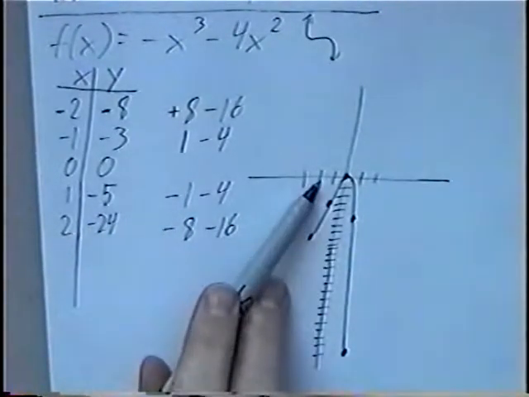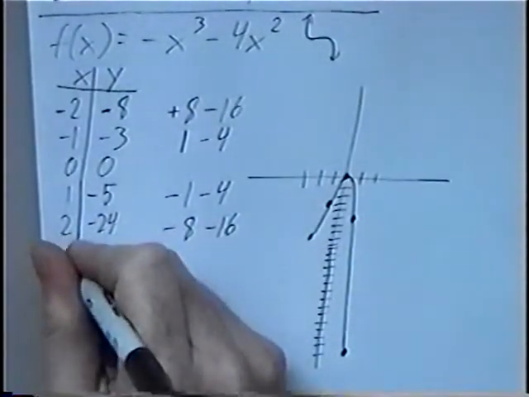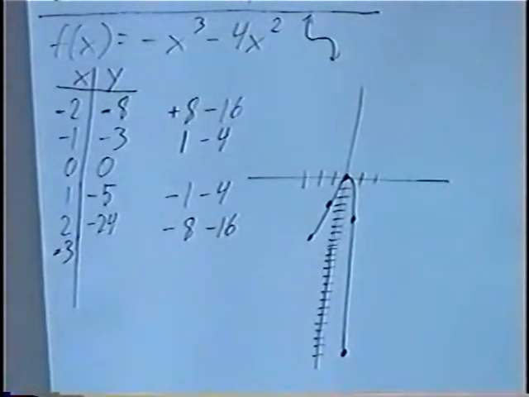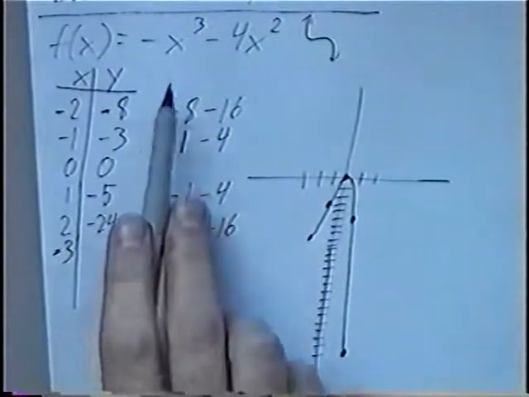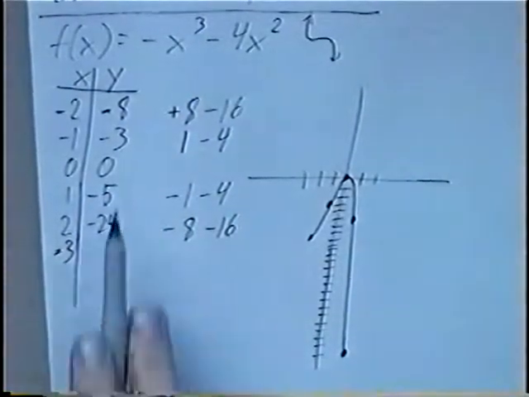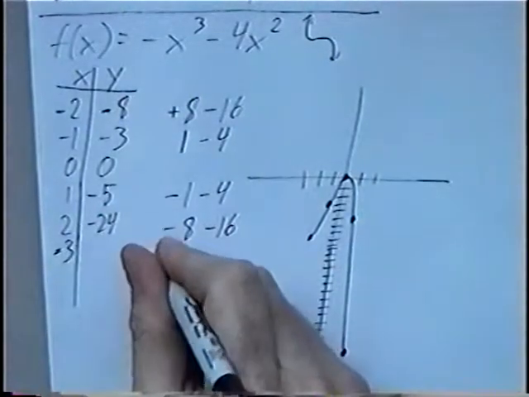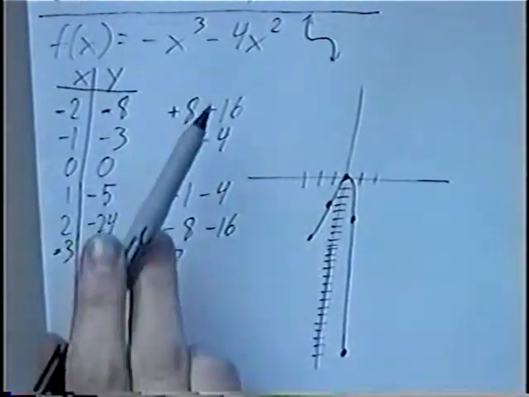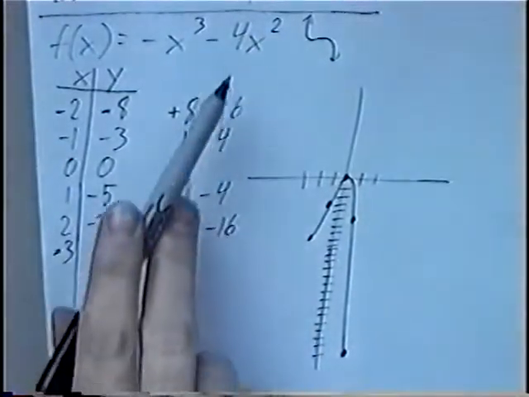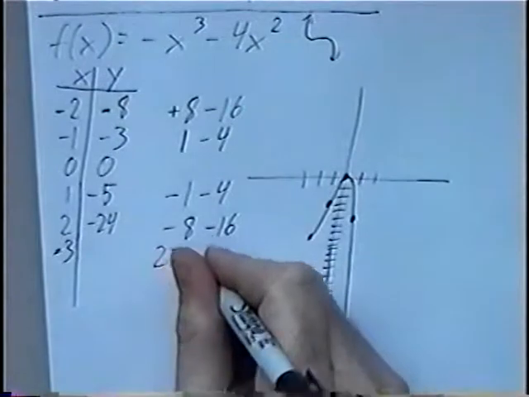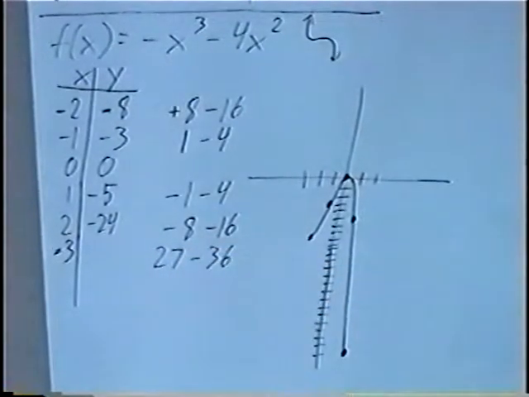Since we did -2 on the left-hand side, we can plug in a -3 and see where -3 would have the graph. Plugging a -3 in, -3 cubed would be -27. With that negative outside, would make it +27. And -3 squared would be 9. 9 times a -4 would be minus 36.